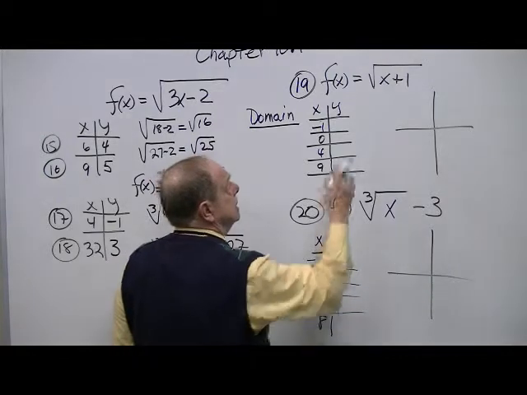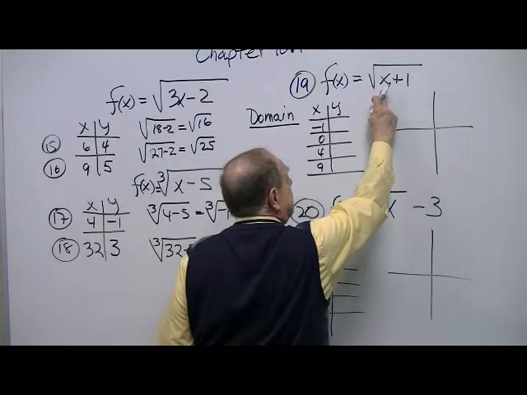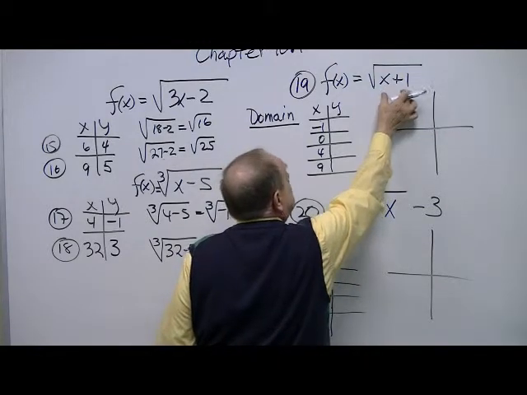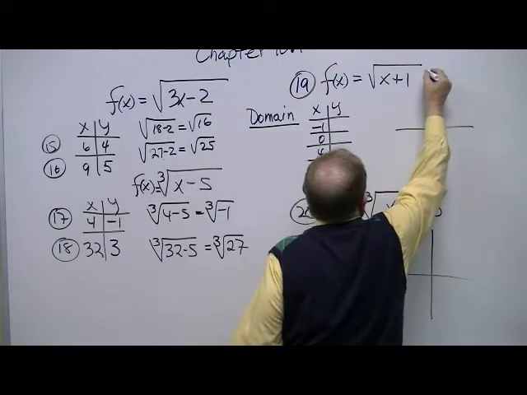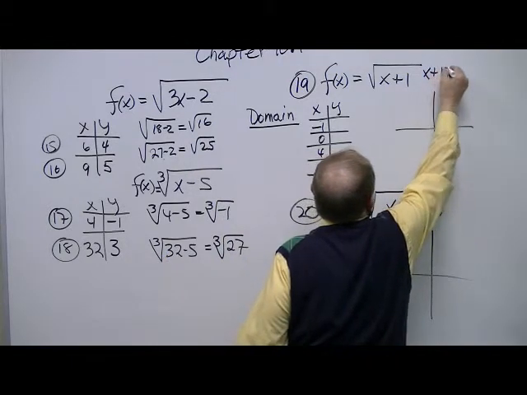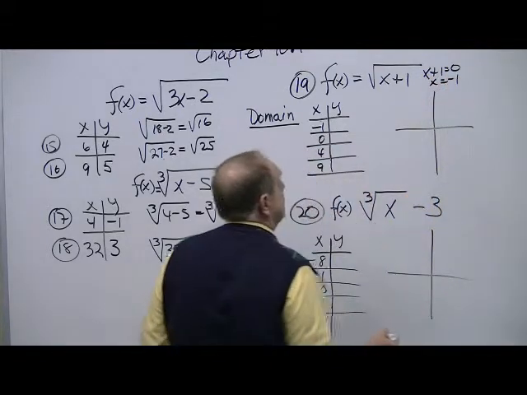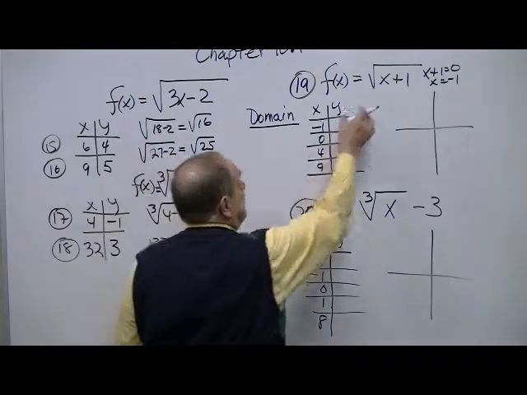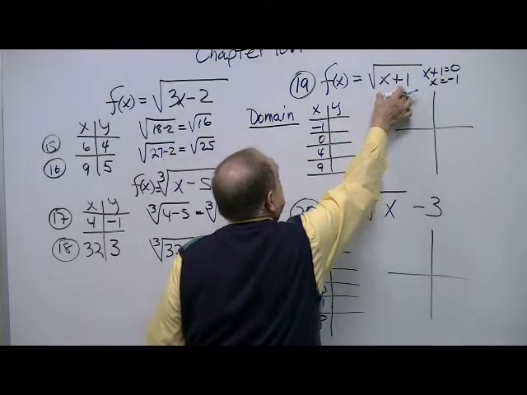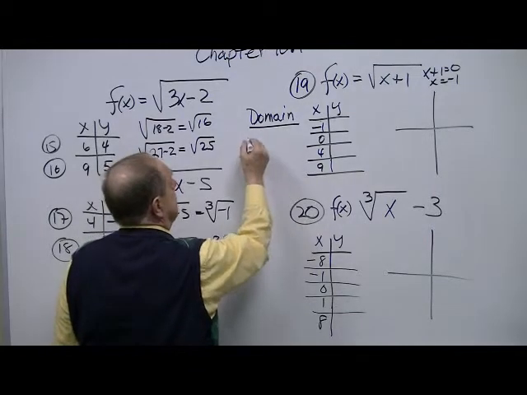So what number for x would make this a 0? You would just do this: x plus 1 equals 0, x equals -1.